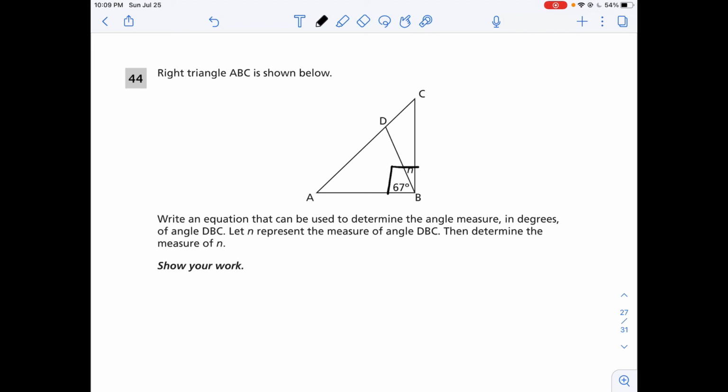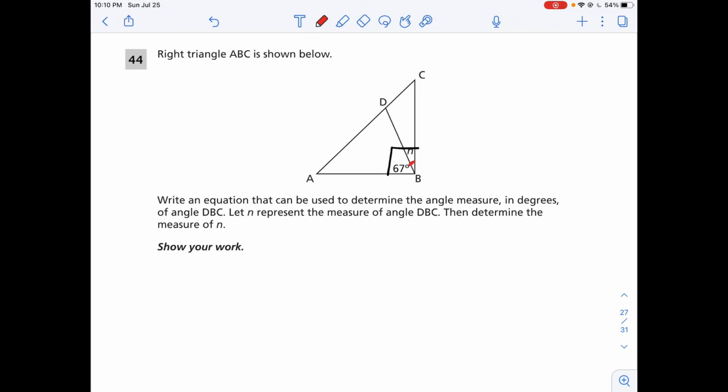Write an equation that can be used to determine the angle measure in degrees of angle DBC. Angle DBC is this angle right over here. They show it as N over here. Then determine the measure of N.